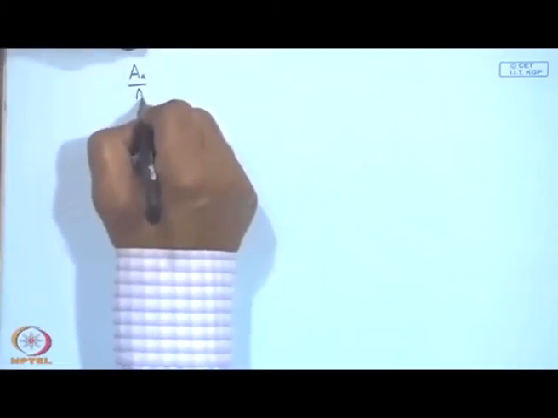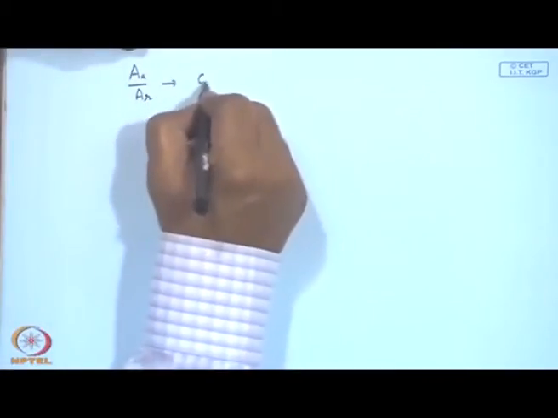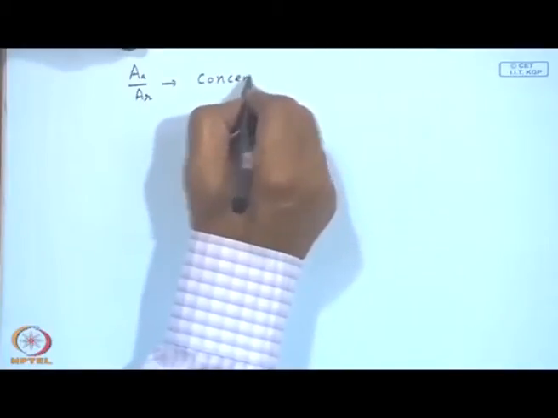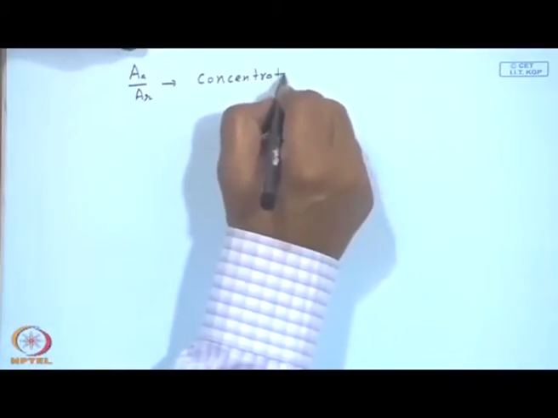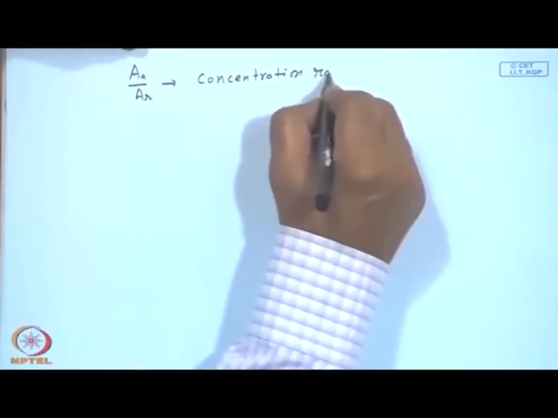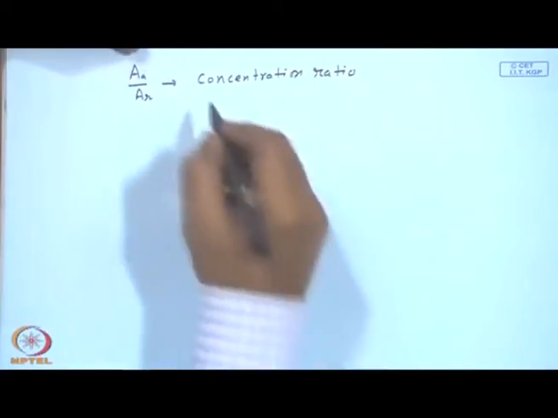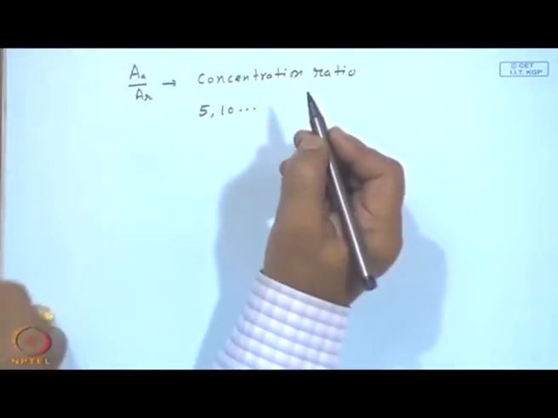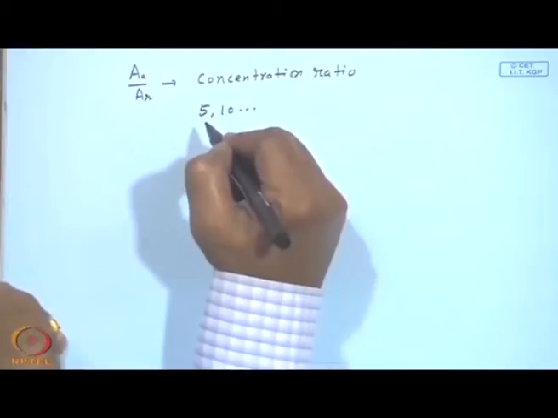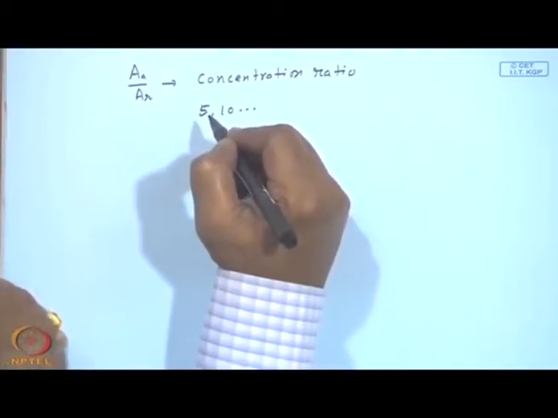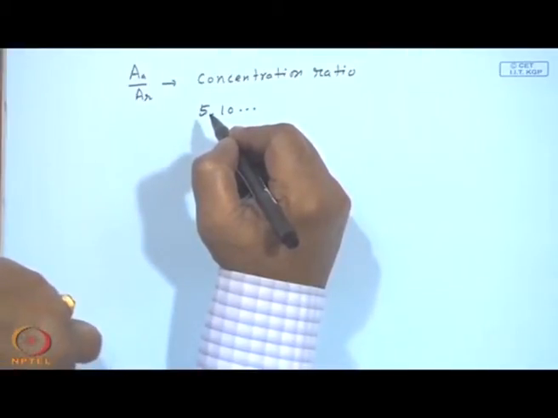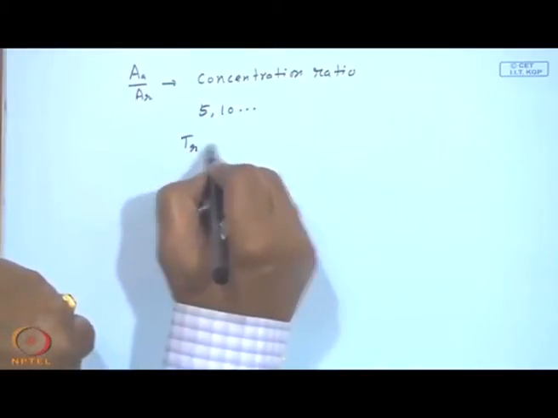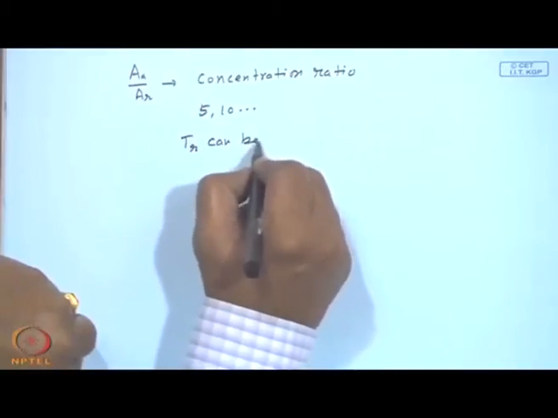Now, this AA by AR is called the concentration ratio, which may be 5, 10, and so on. The higher the concentration ratio, the lesser is the area from which relatively the losses are taking place, and hence TR can be high.